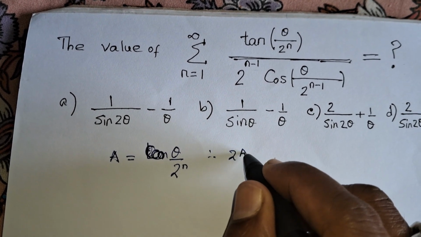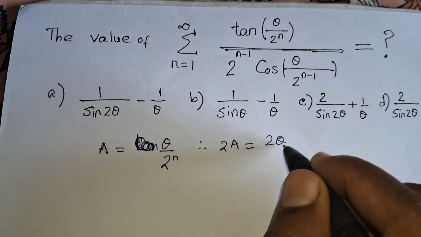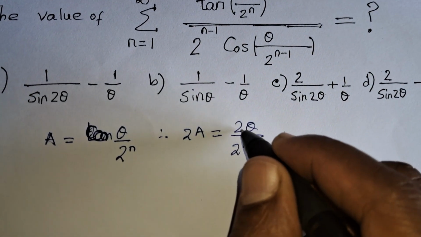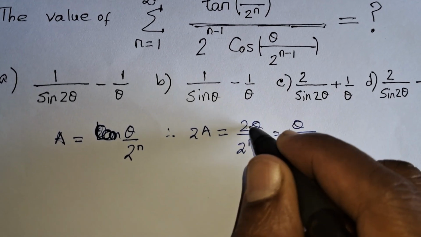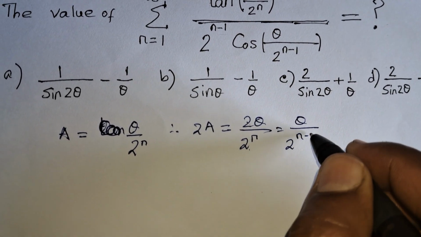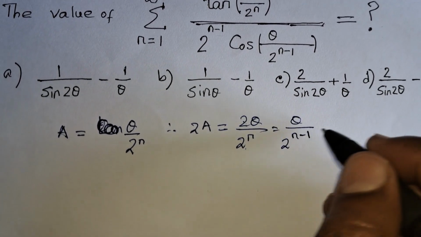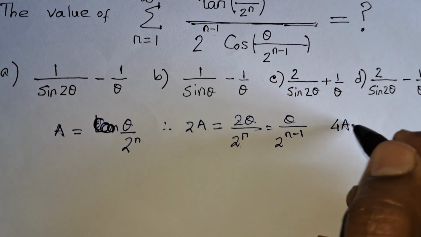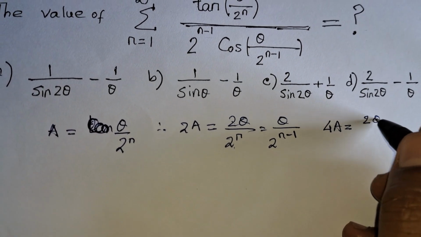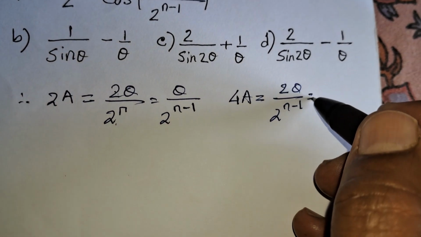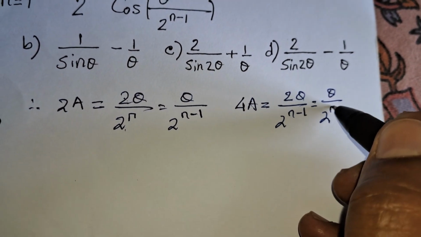If you multiply 2 on both sides, which means if you take 2 down, so that means 2a. Again, if you multiply by 2, that will be 2 theta by 2 to the power n minus 1, which will mean theta by 2 to the power n minus 2.